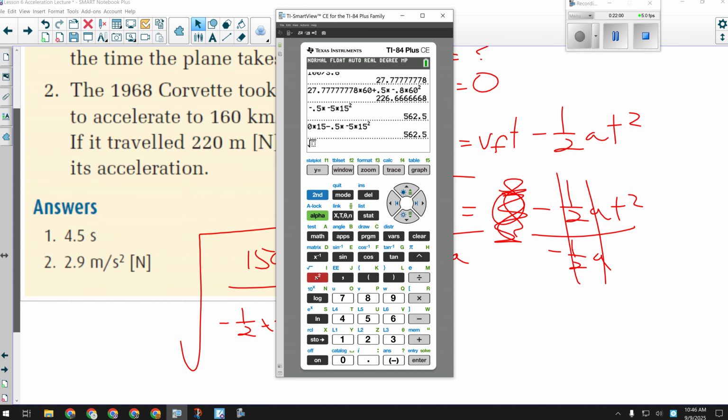So square root of 150 divided by negative 0.5 times negative 15. What did I do wrong here? Oh, I didn't do brackets. Hang on.